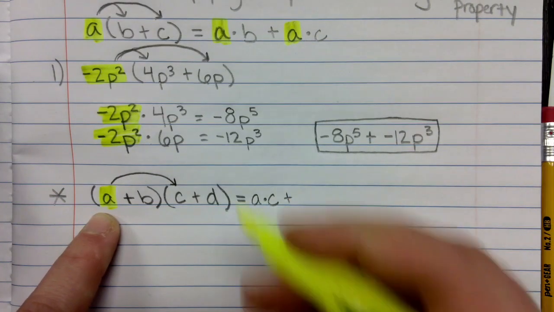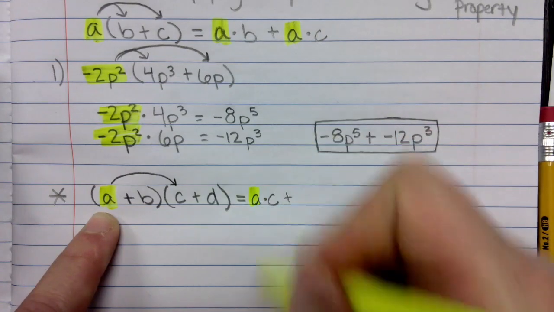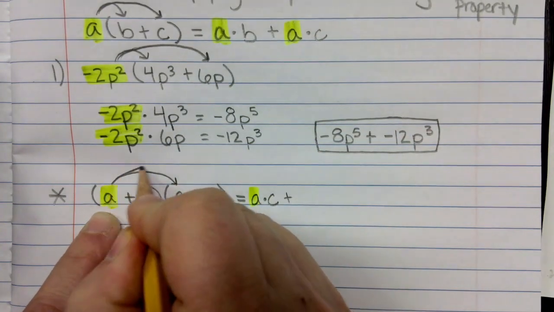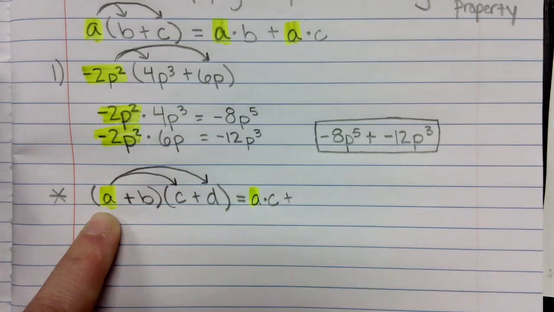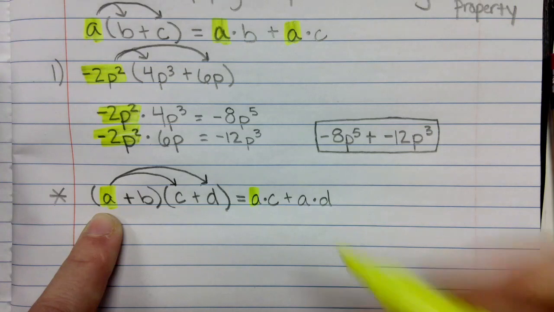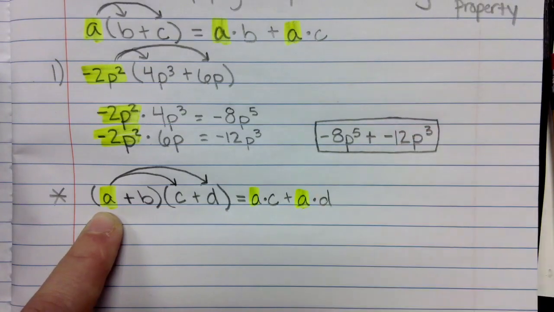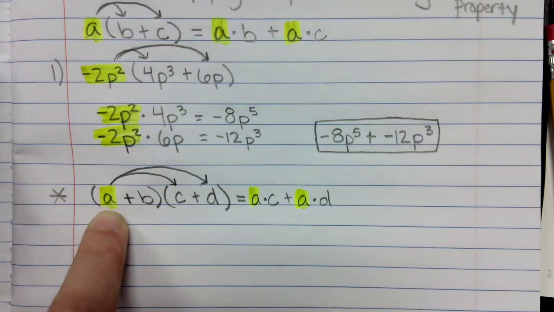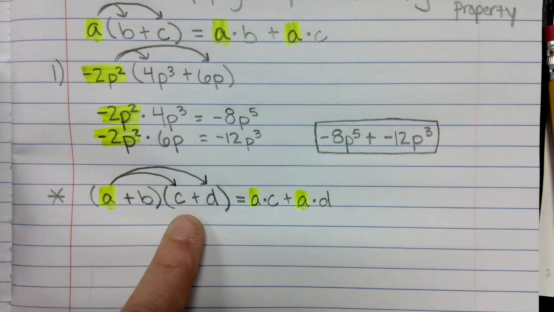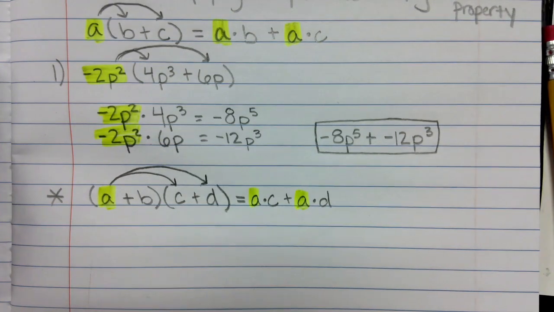I also want to multiply a times d. Did I multiply everything in the second binomial by everything in the first binomial? No, which part did I not multiply by yet?